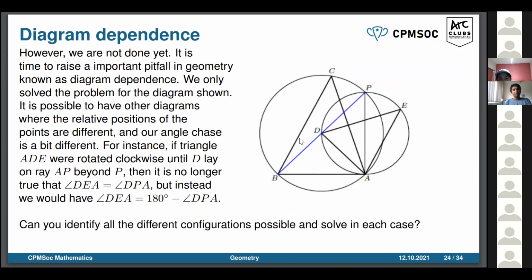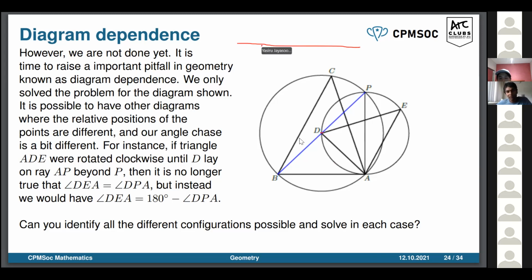Okay, so diagram dependence. It turns out we are not done yet. Diagram dependence means, to start with an example, if I say that 3 points lie on the line ABC, there could be different orders of the points on the line.